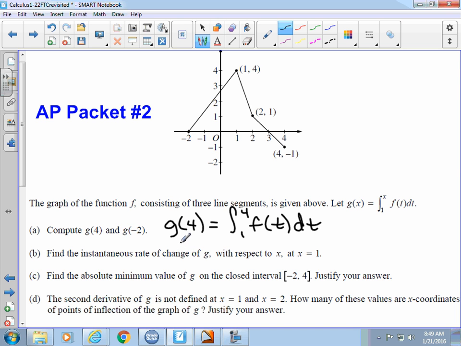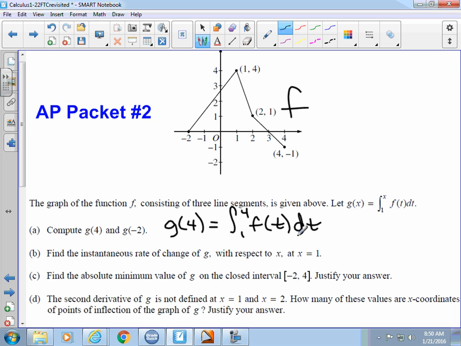If it gave us g prime, I'd just find f of 4, which would be negative 1, and be done. Which it often asks that question.